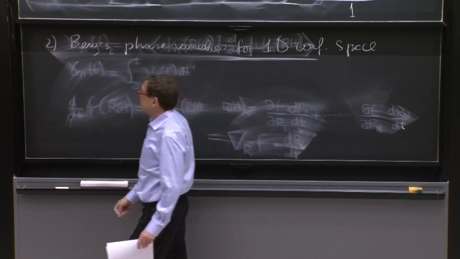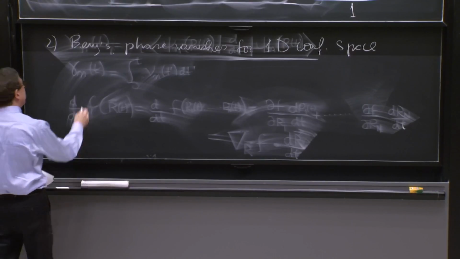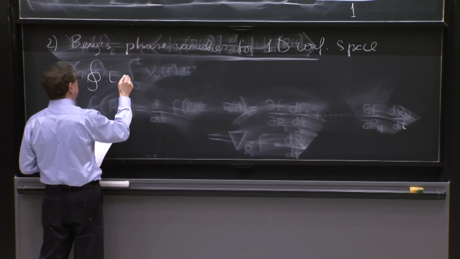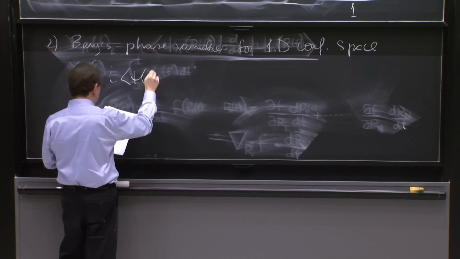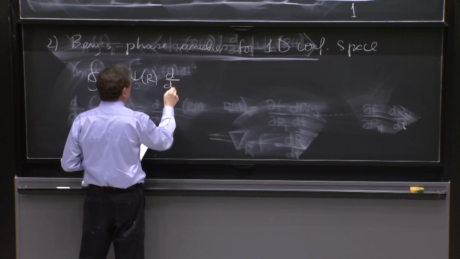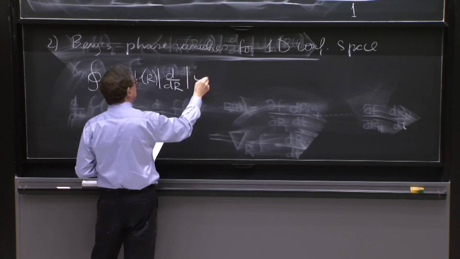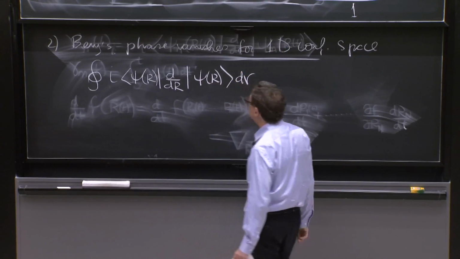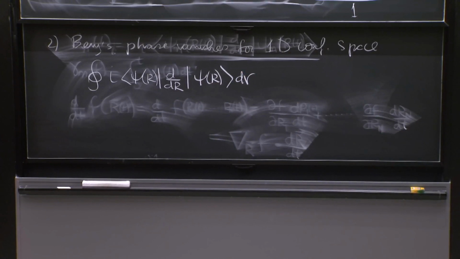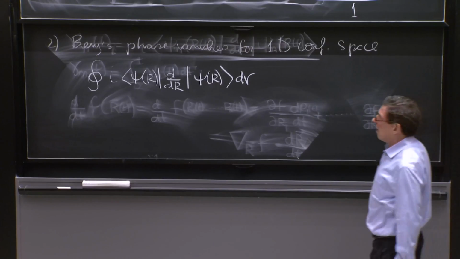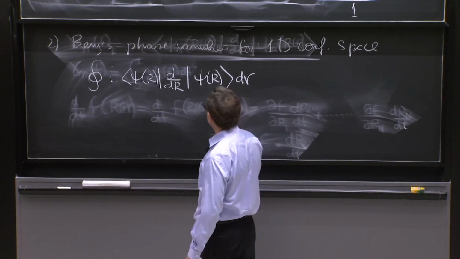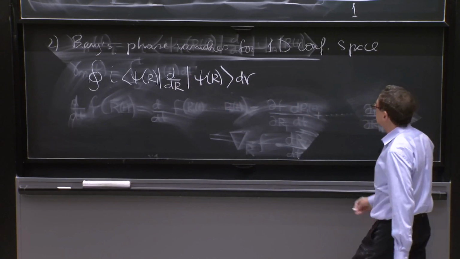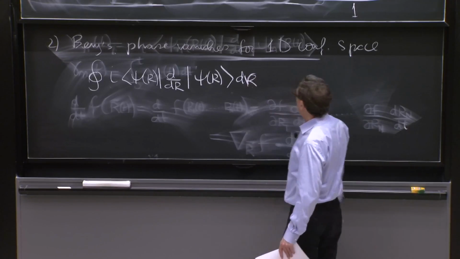Why is that? Well, what do we have to do? The Berry's phase would be the integral over the closed path in the configuration space of the Berry connection, because there's just one, dR. You have to integrate that thing. That is the Berry phase, the integral of the Berry connection over, this is capital R, over the space.